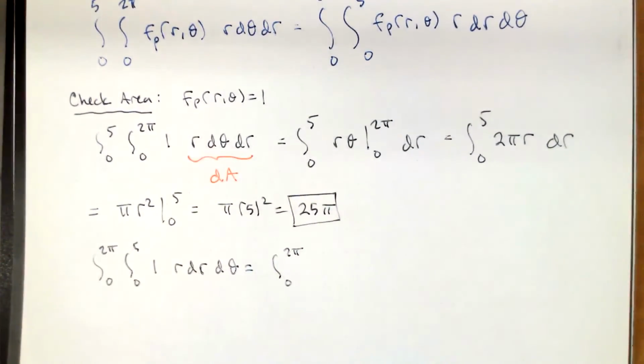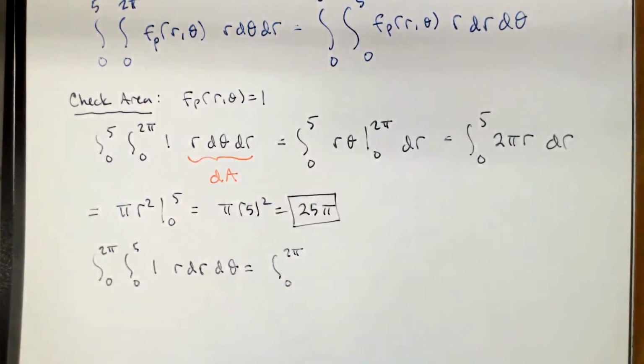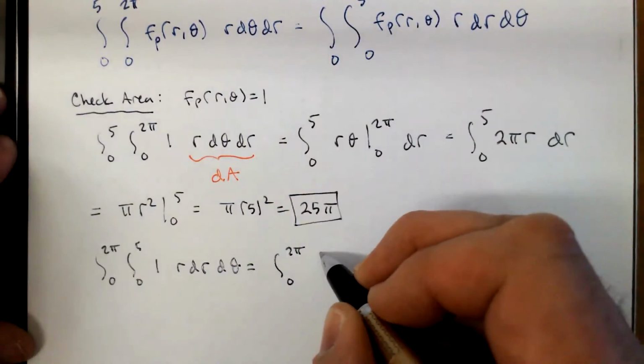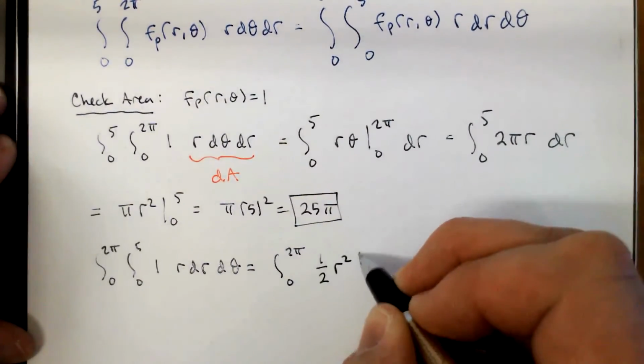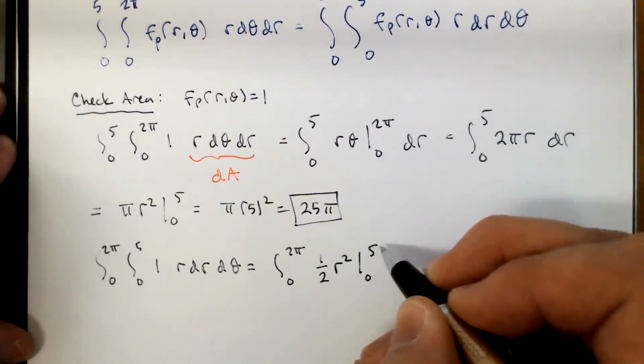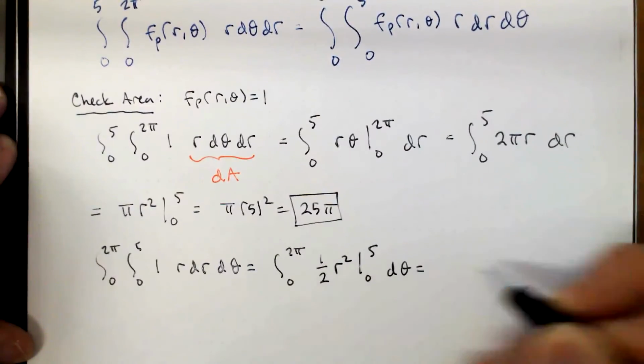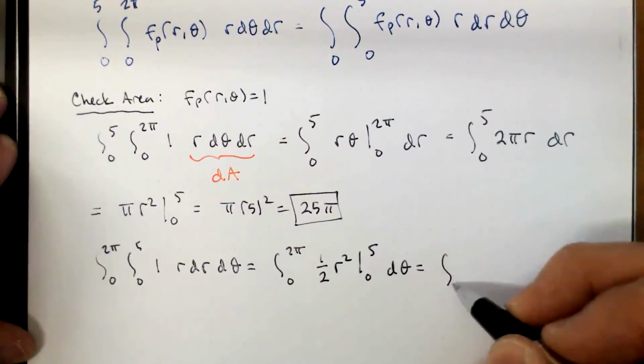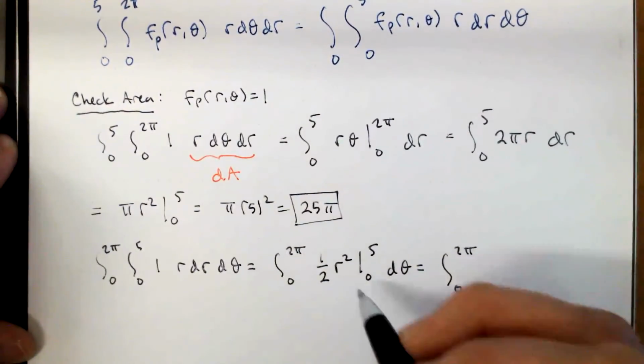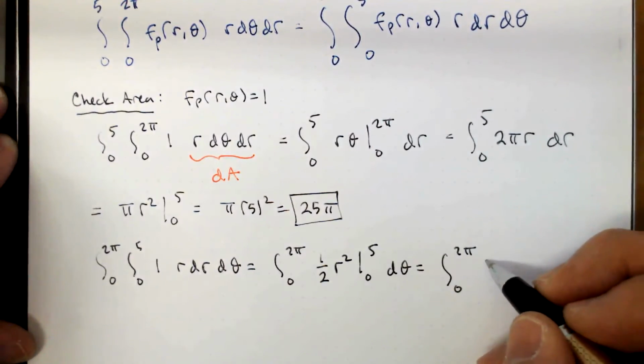So in this case, integrating r with respect to r will give us a half r squared, evaluated from 0 to 5. So we'll integrate from 0 to 2 pi, 25 over 2.